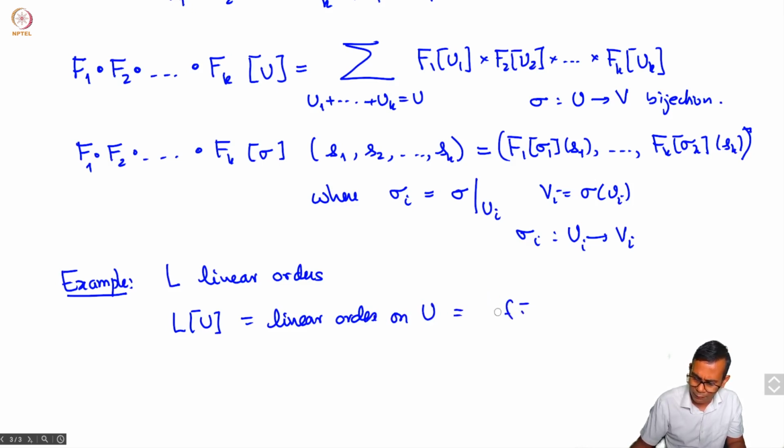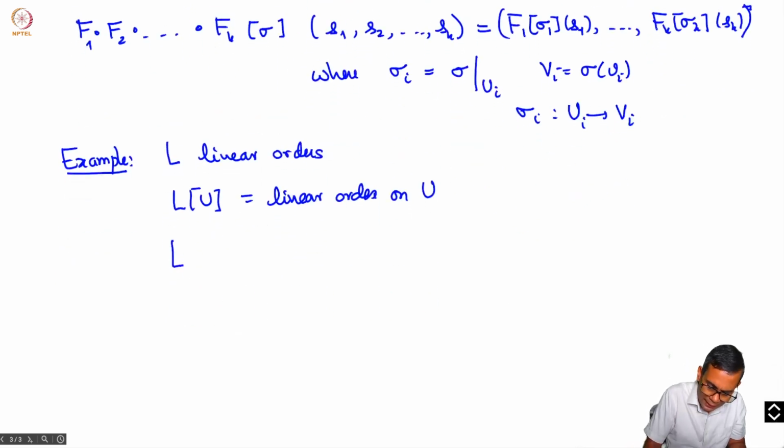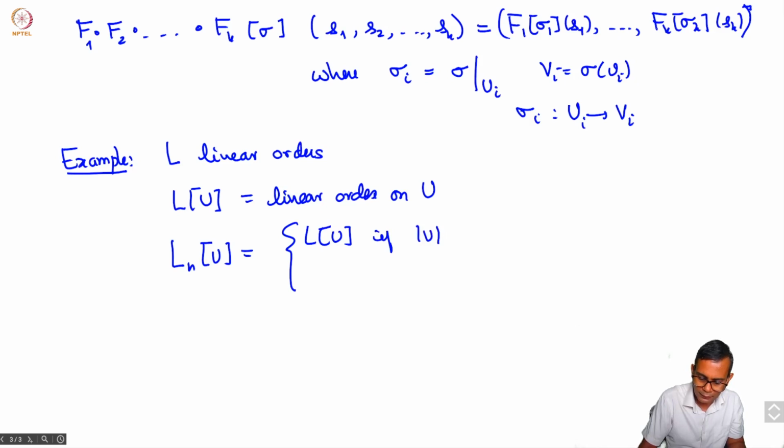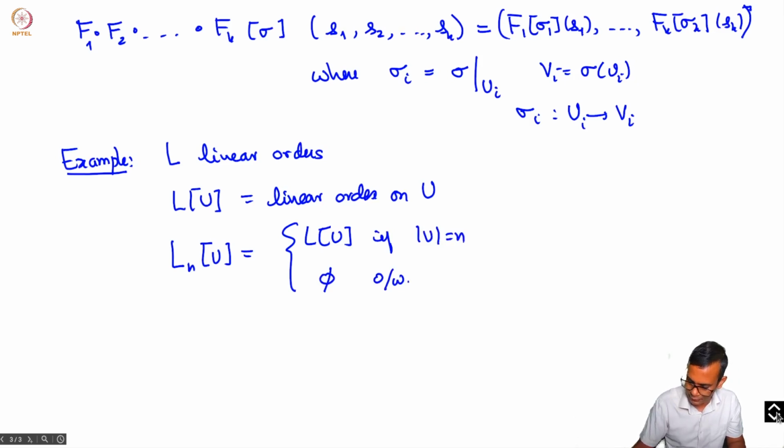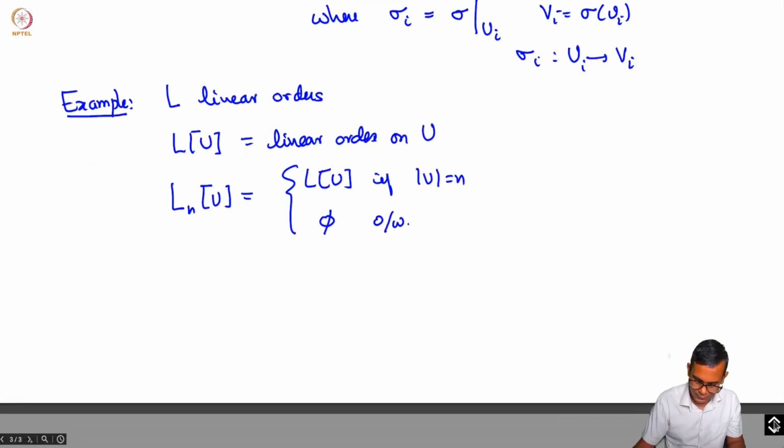Well, okay, maybe we'll come back to that a little later. And let's define Ln of U to be L of U if the cardinality of U is n and empty otherwise. This is the usual definition of the nth degree part of a species.